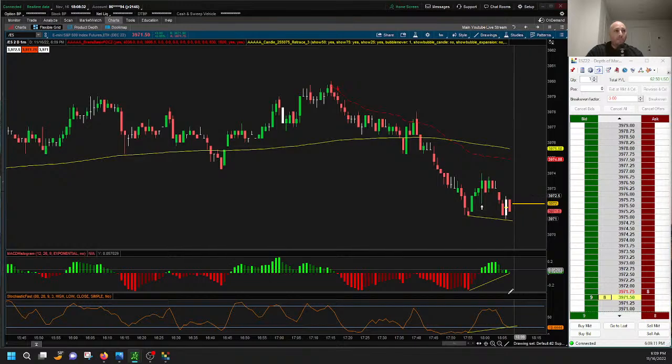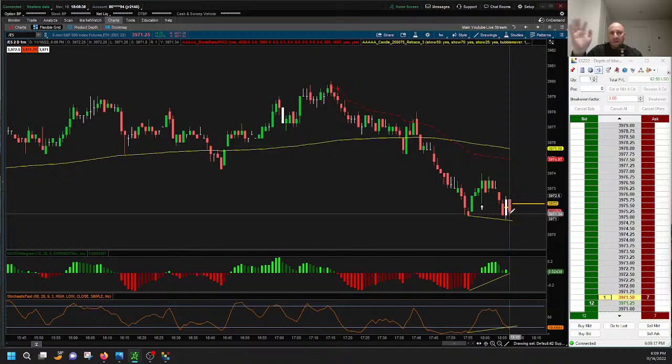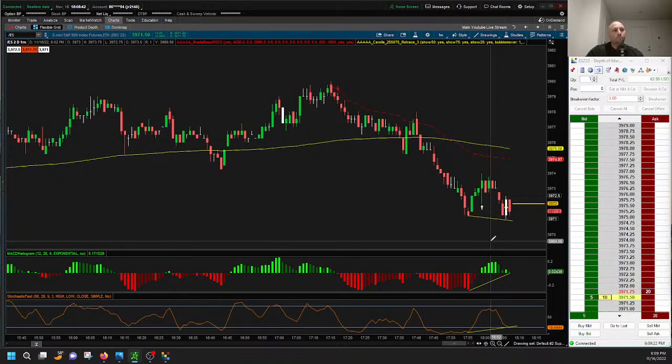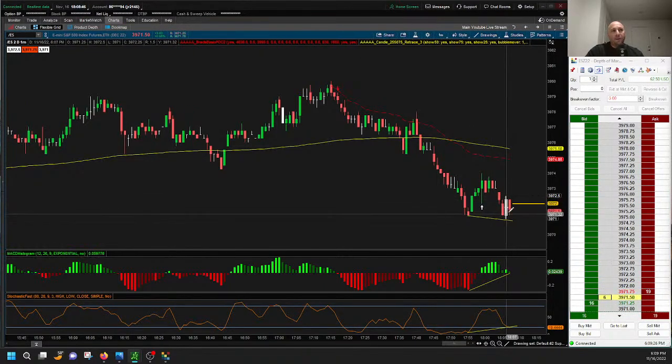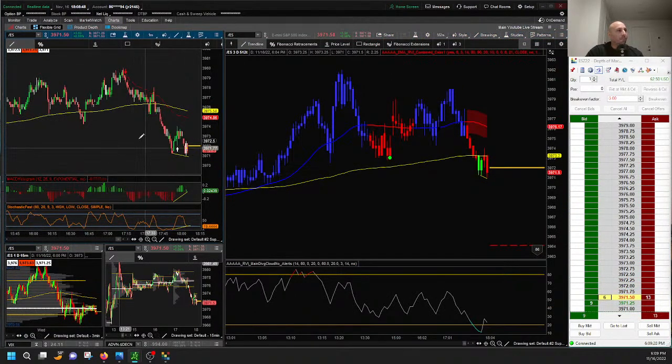This setup works about 9 out of 10 times. 8.5, 8 to 9 times that will go higher. And this will probably be that one time it doesn't, right? But this pattern is a very powerful pattern. Divergence, divergence, right? But we'll see.